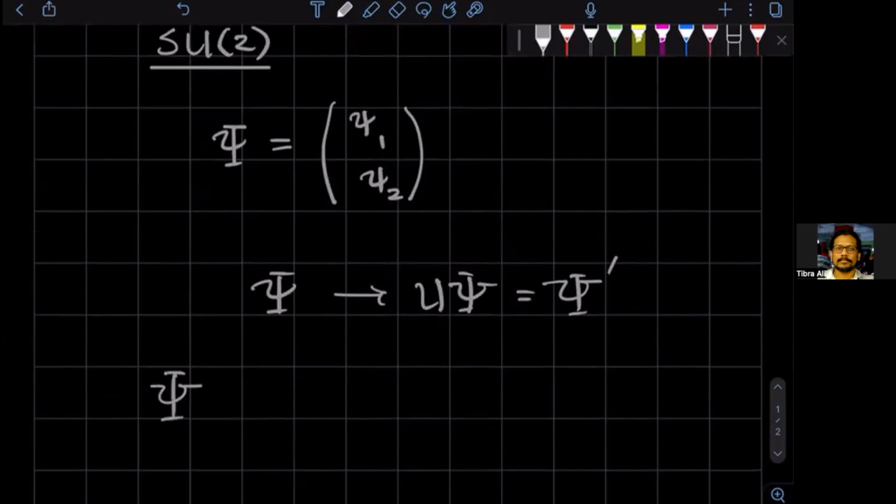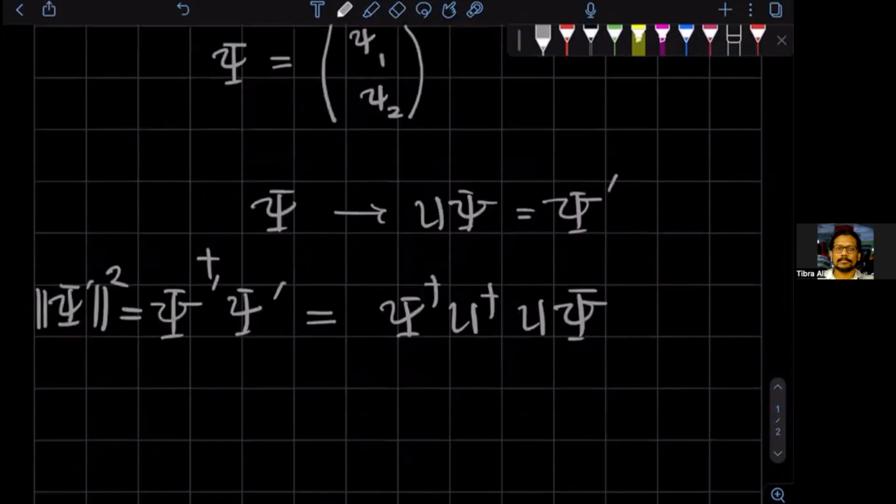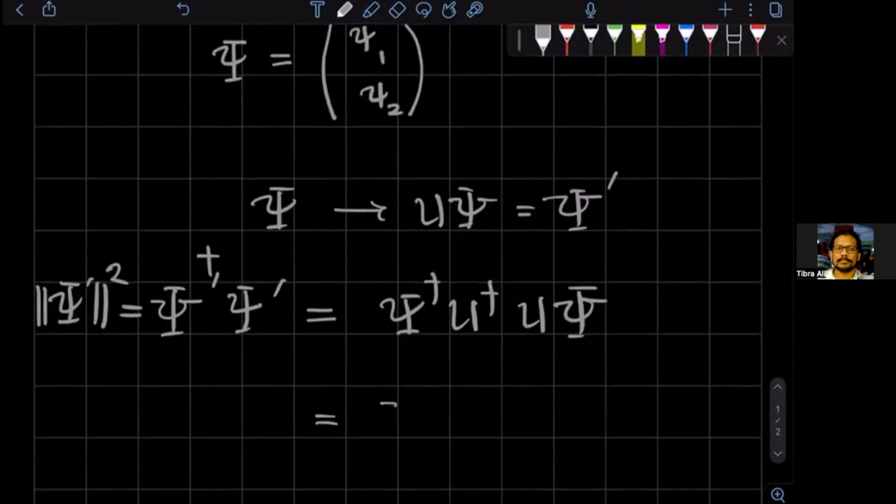Then psi prime, psi prime, this is the norm squared. What are the transformations under which this is invariant? Of course, this is psi dagger, u dagger, u of psi.